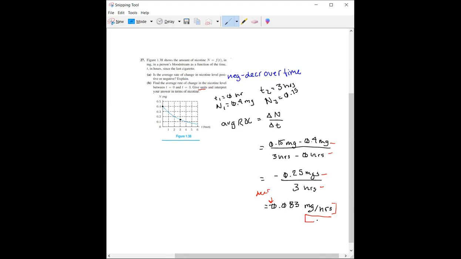So we're changing based upon milligrams per hour, right? If it were to be a percent, we would have to be looking at how much we originally had, and it would not be a constant rate. It would not be a straight line.